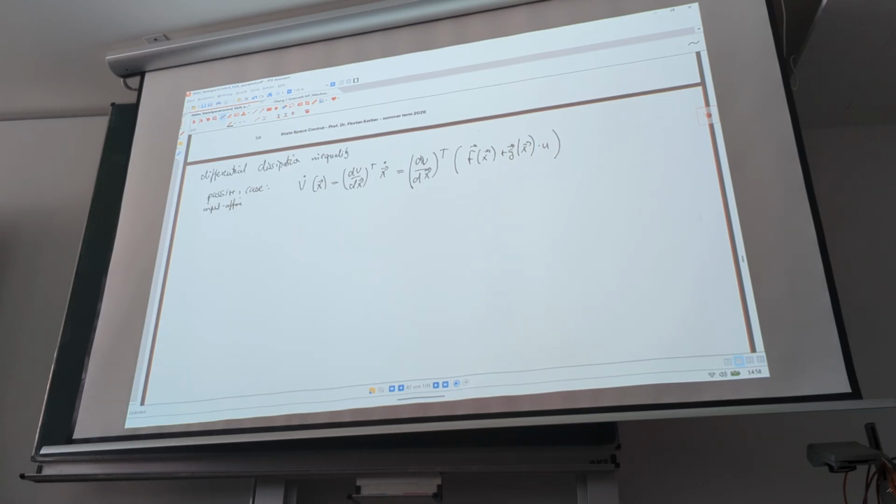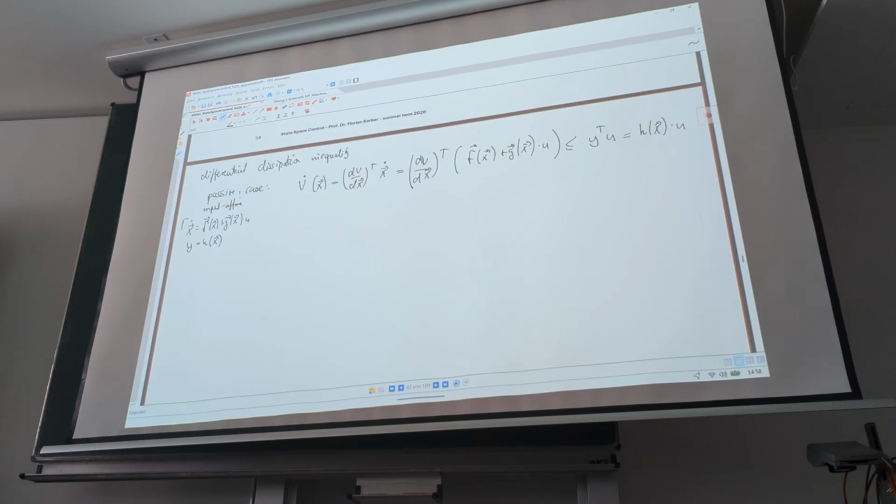Okay? And this would be less or equal than my y transpose u, make it SISO, which would be an h of x times u. So this would mean we have the x dot equals an f of x plus g of x times u, and y equals an h of x.